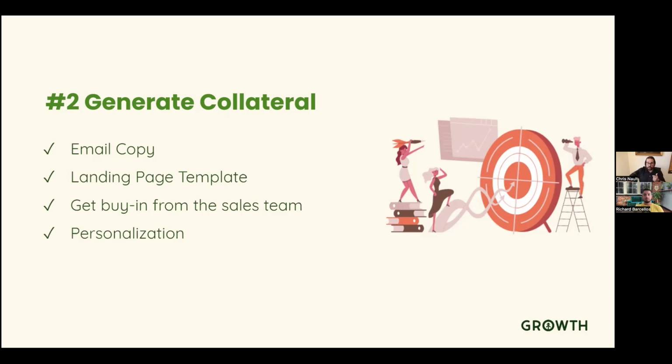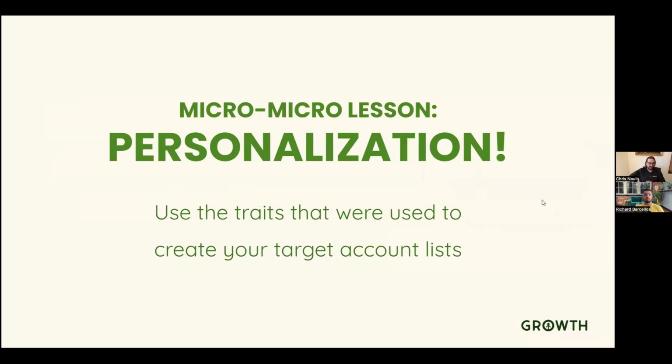And you're going to want to leverage personalization. Now, here's a micro lesson on personalization. We're going to use the traits that we use to create the company list and the contact list as our personalization tokens. And it turns out that only 65% of the companies we surveyed are even leveraging personalized content.